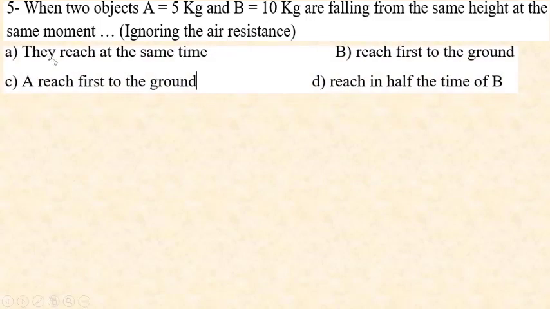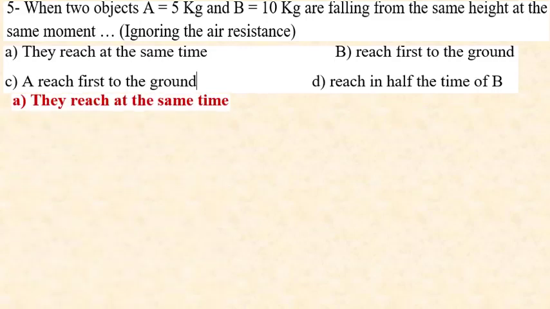The question: which reaches the ground first? A, they reach at the same time; B reaches first; A reaches first; or D, A reaches in half the time of B. Senior 1, you know that if the objects have different masses, it's not a factor of acceleration, so it does not affect the time. So they reach at the same time.